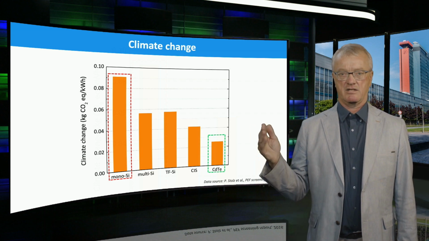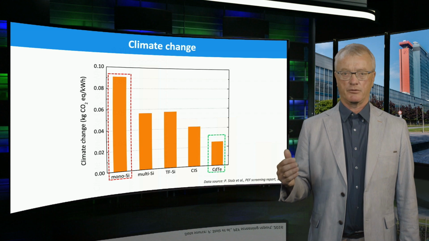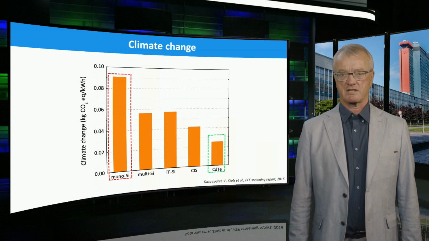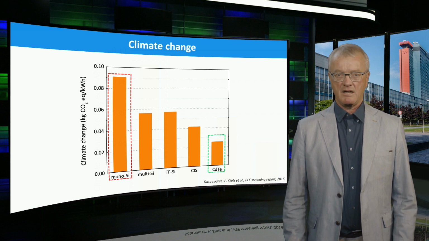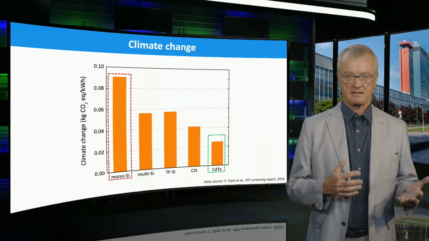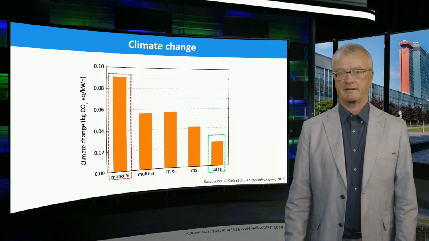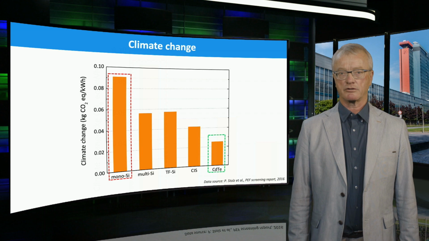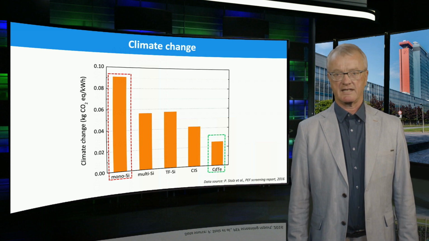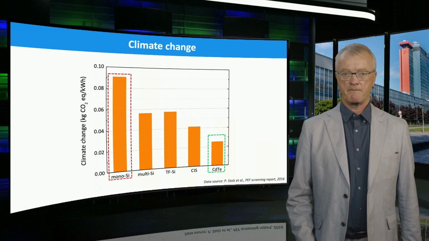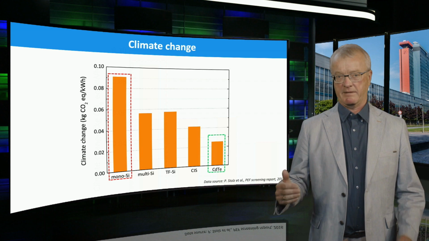The highest CO2 emissions occur for electricity generation by monocrystalline silicon PV panels. The difference between monocrystalline silicon and cadmium telluride PV panels mainly comes from the energy consumption to produce solar-grade silicon and silicon wafers, and the power plant mix in the manufacturing phase.